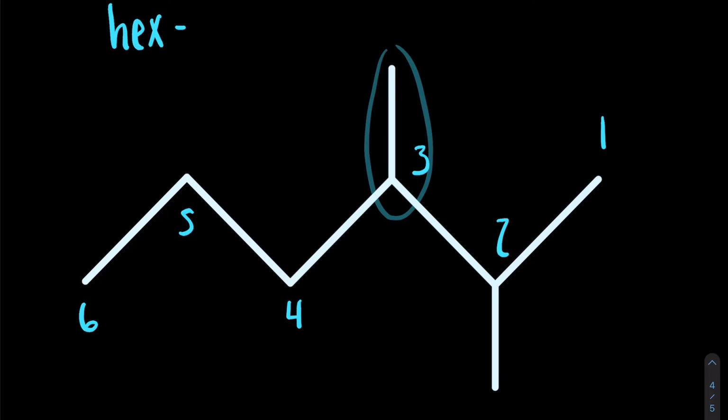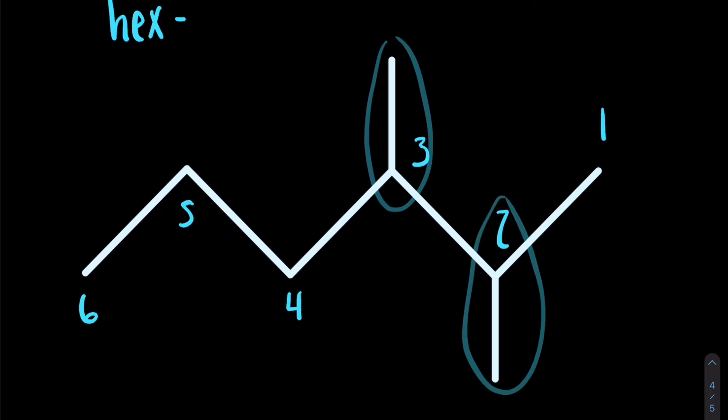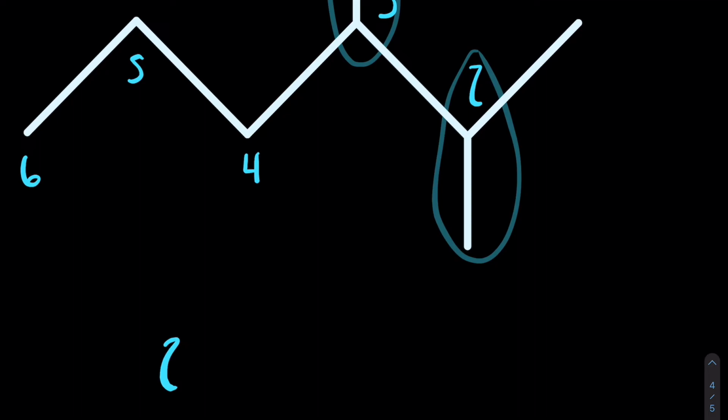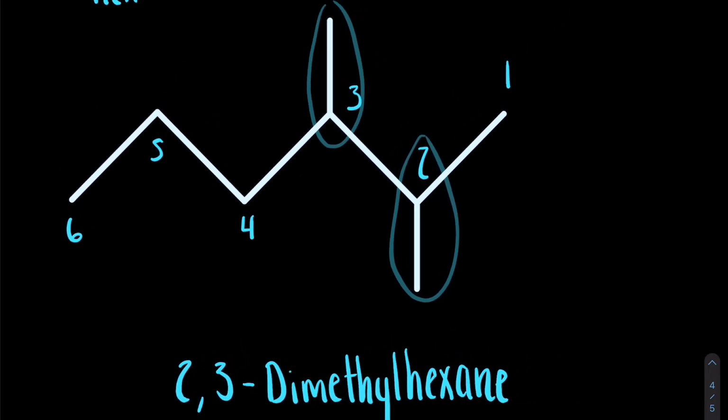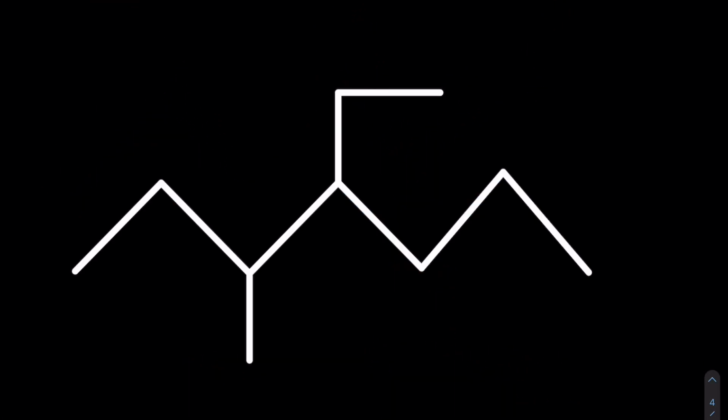Next, we see we have 2 substituents, one on the third carbon atom and one on the second carbon atom. So, pause the video, name this molecule, and then check in with me. So this one would be named 2,3-dimethyl hexane. 2,3-dimethyl hexane.